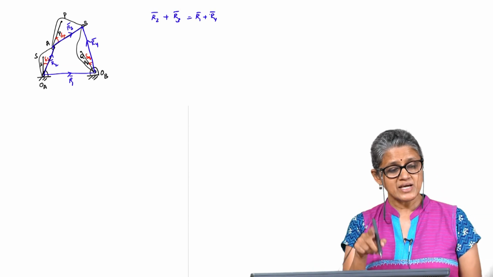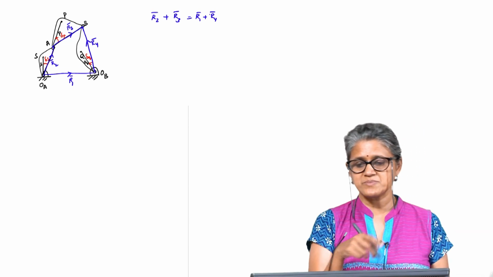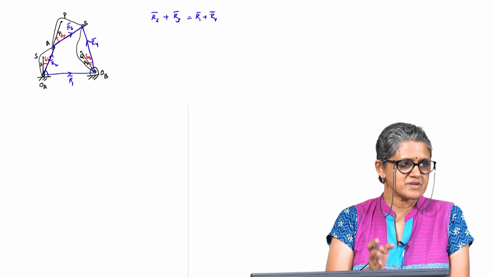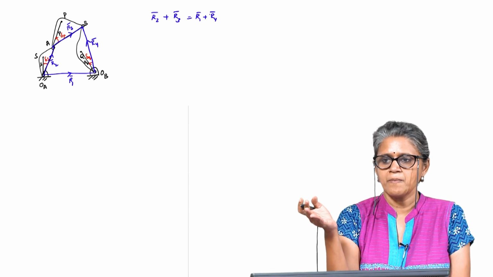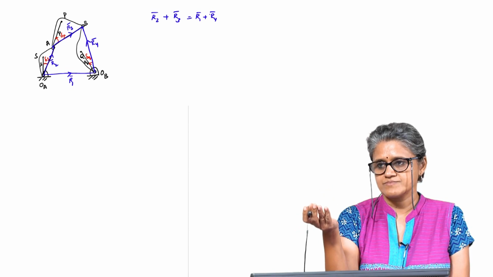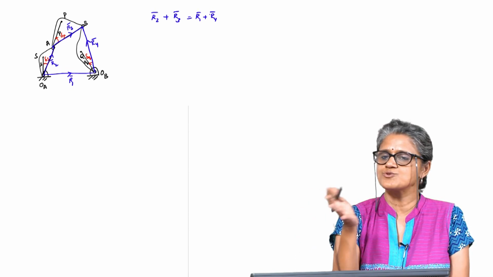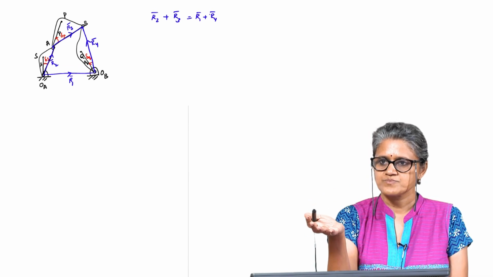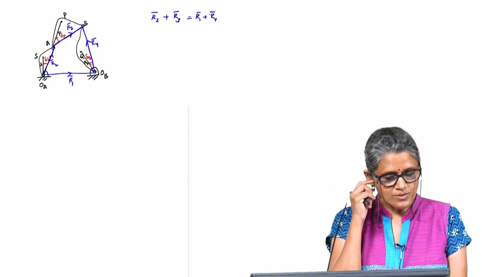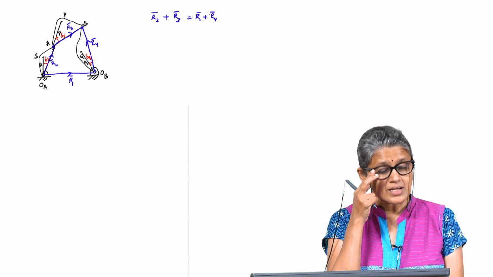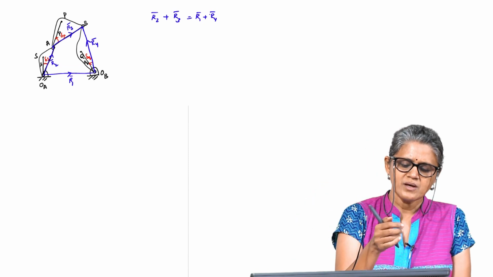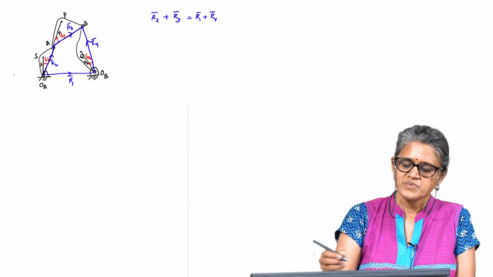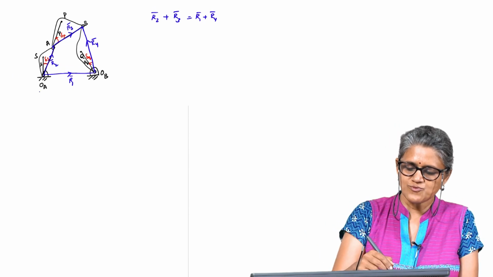Once I have done the position analysis or the displacement analysis, I know for every configuration the relationship between theta 2 and theta 4. It is not always necessary that theta 2 should be the input angle, it could be theta 3 and your output could be theta 4, that is also possible, it really depends on the application. Typically theta 2 is your input, theta 4 is your output.